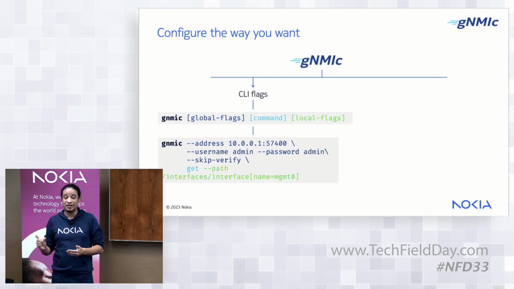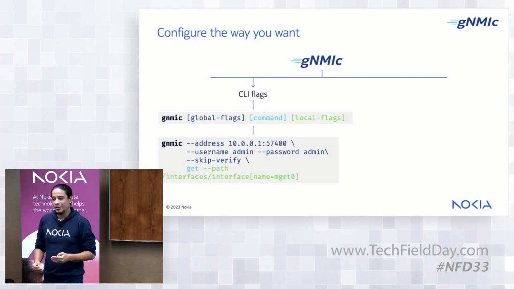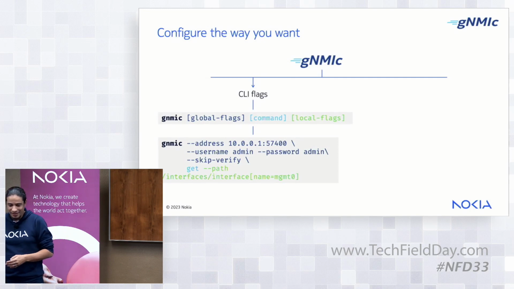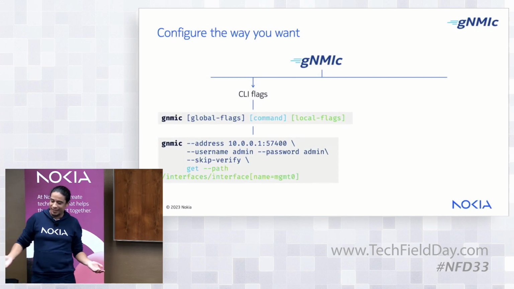So I don't have that information. I need to go look at the Yang model to figure out how to flatten that output. For example here, name is the key in what you see on the screen. If you send me this as a JSON blob and name is there together with description, admin state, or whatever else is under interface, I don't know that name is the key. Yes, you can, but you would need extra information like the Yang model.